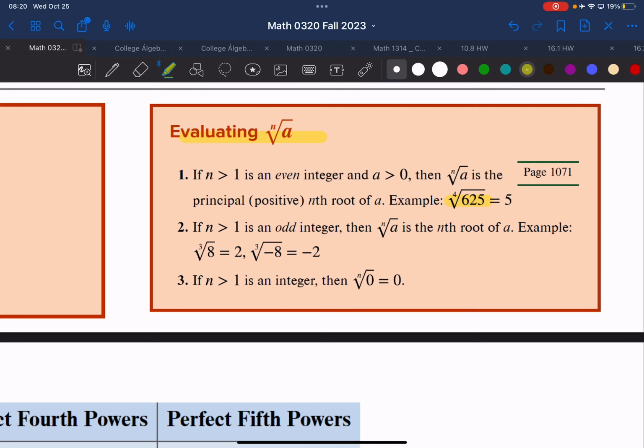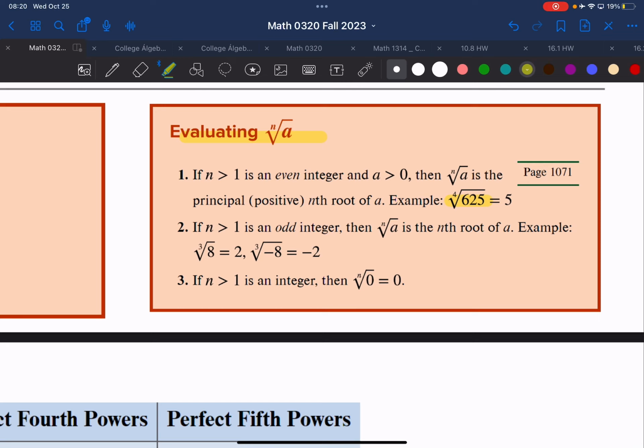In this case, that's 5. This is something you should be able to do on your calculator. If you have the simple scientific calculator that's required for the course, you will be able to type in the fourth root of a number and get an answer, the fifth root of a number.